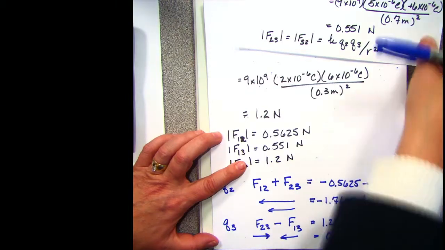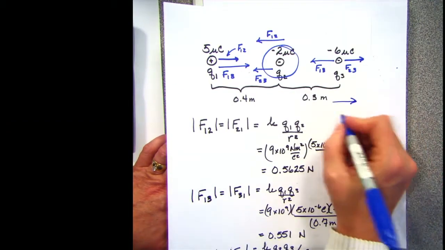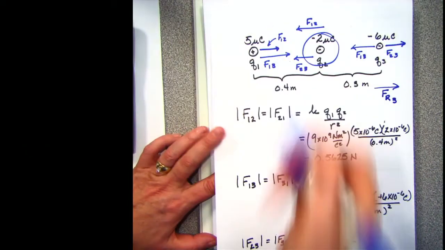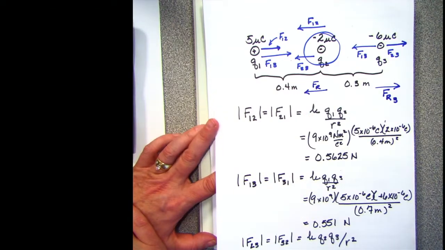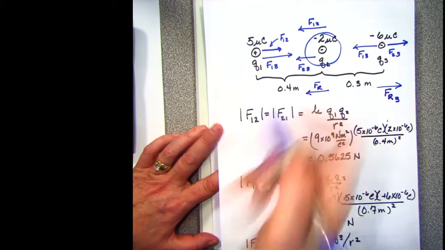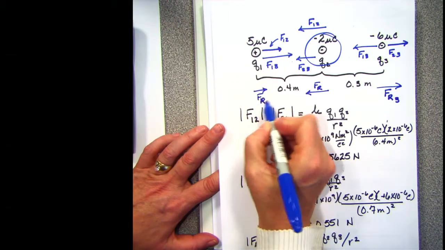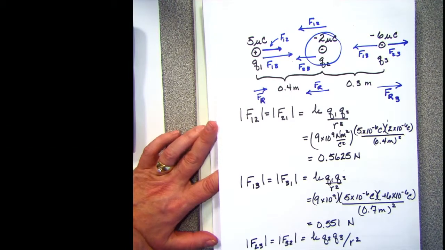So this one is going to want to go that direction. So this is the force resultant on 3. The force resultant on 2 went that direction. And we know that the force resultant for the force 1 is going to go this direction because both of those are negative.